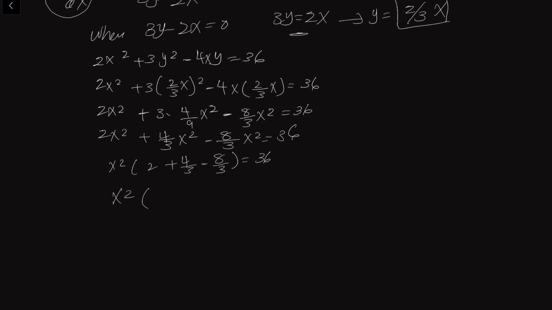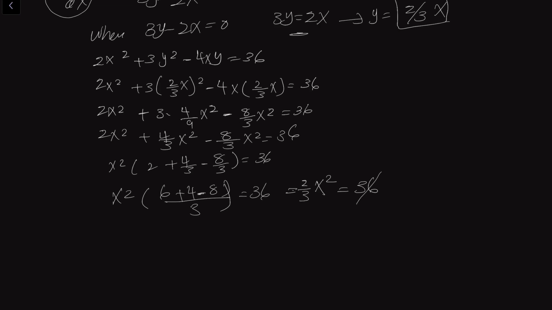So x squared, just the common denominator, 6 plus 4 minus 8 equal 36, which is x squared times 6 plus 4, 10 minus 8, that's 2 over 3. So 2 over 3 x squared equal 36.